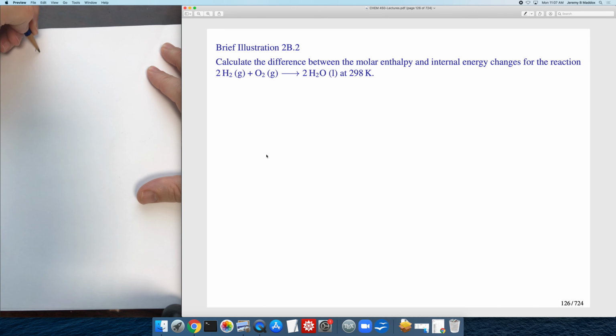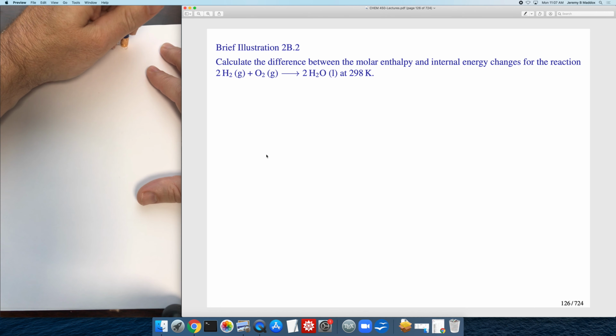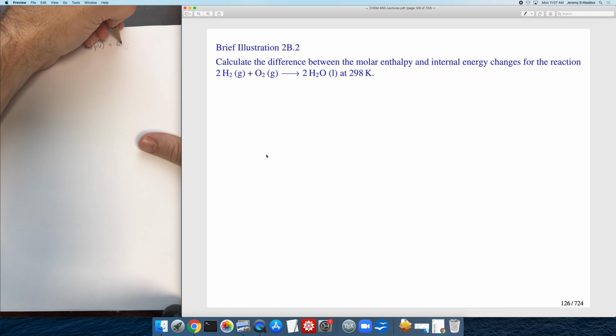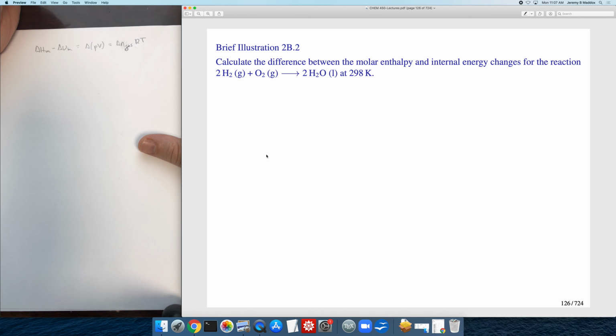So in this case, delta H minus delta U equals delta PV. In this case, we're dealing with a gaseous system, and so for isothermal conditions, we get this equation.